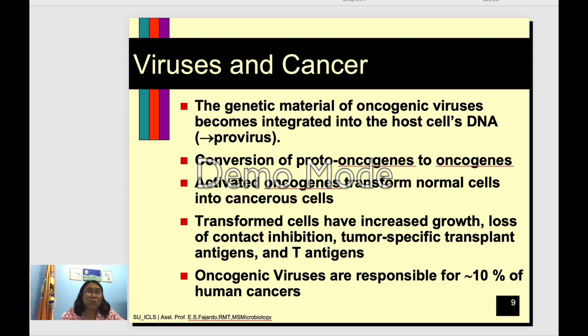Oncogenic viruses are responsible for about 10% of human cancer. So, examples of that, we have hepatitis C for liver cancer, HPV for cervical cancer, and some other malignancies and hyperplasia.